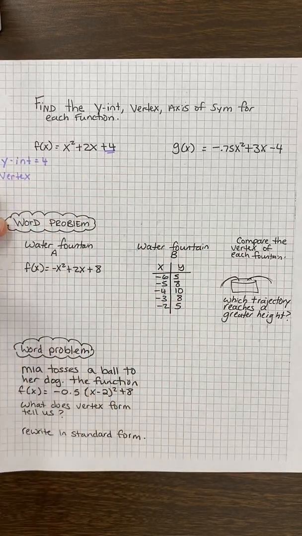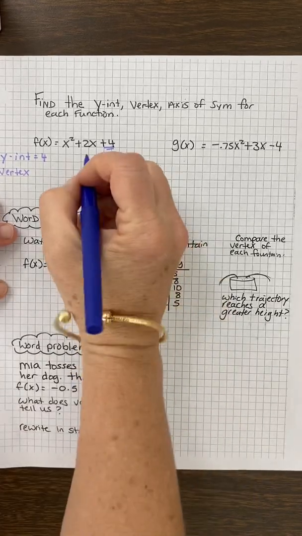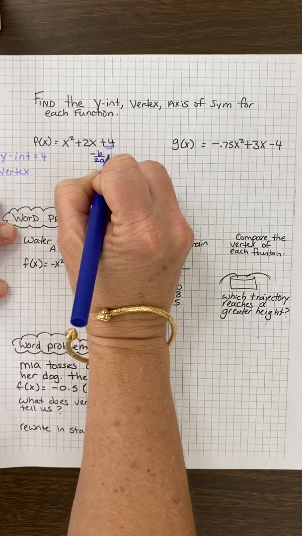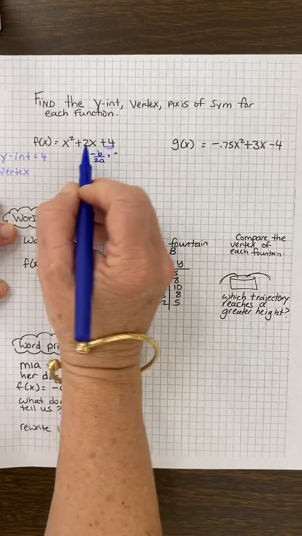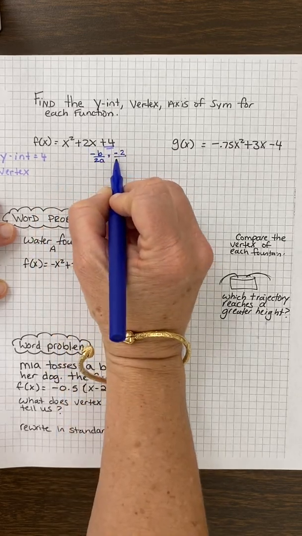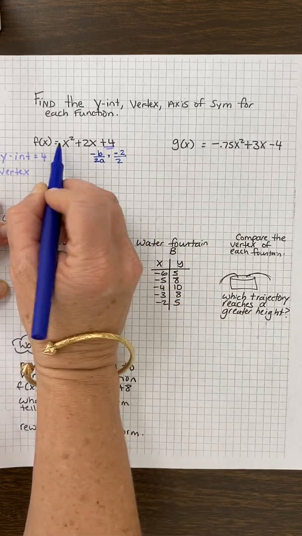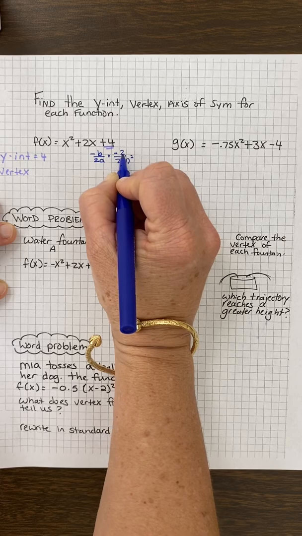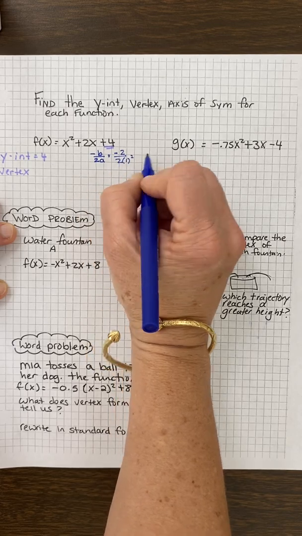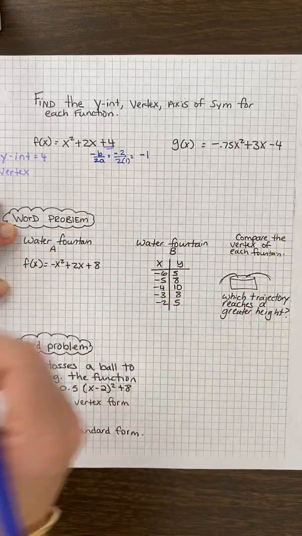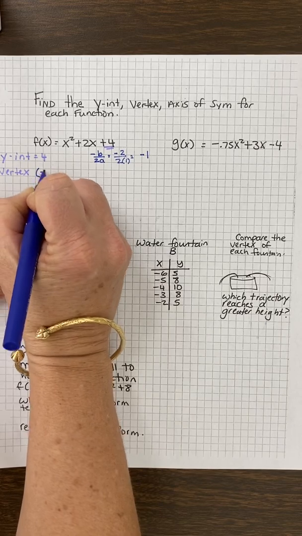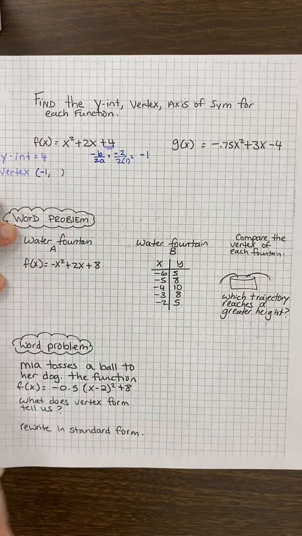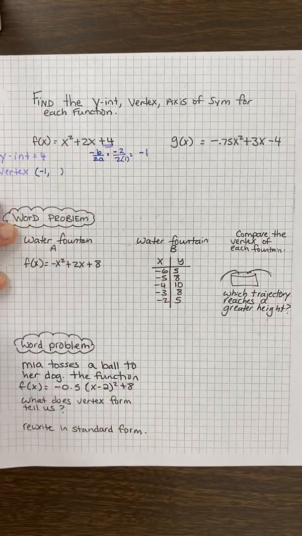Okay, remember my vertex, I have to calculate it. It is negative b over 2a, all right? So negative b, negative 2 over 2 times a. I don't have a value there, so it's just a 1. So negative 2 over 2, which is negative 1, right? So my vertex is going to be negative 1, and now I have to plug in my negative 1 into this equation, all right?